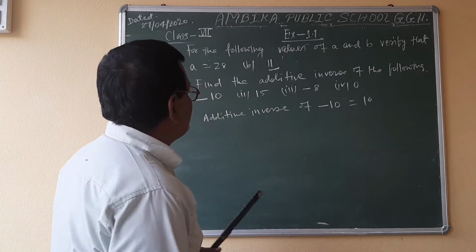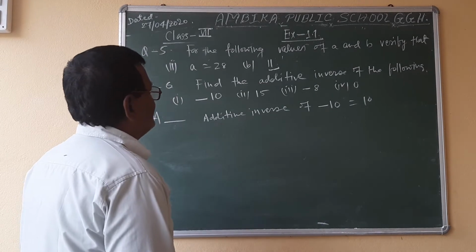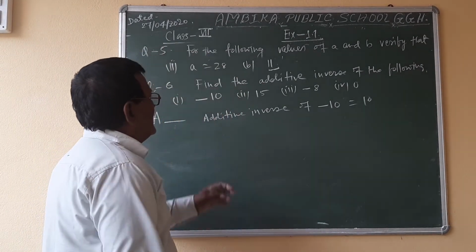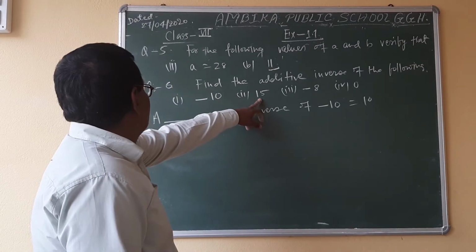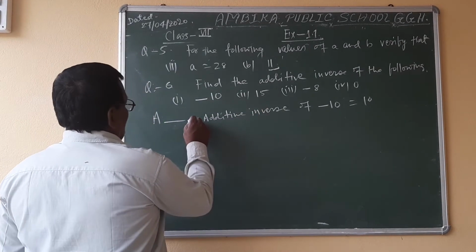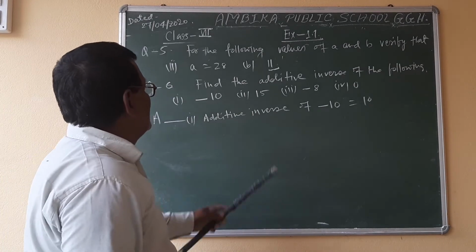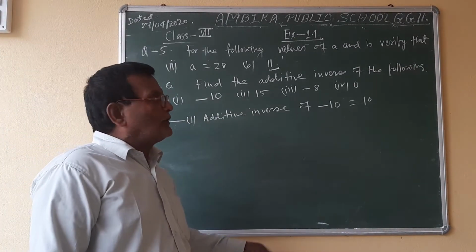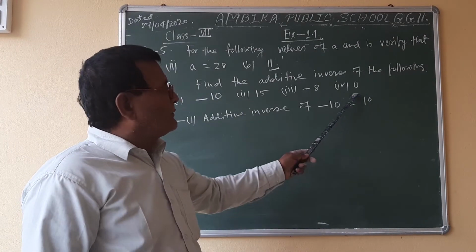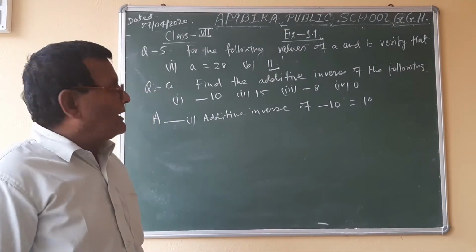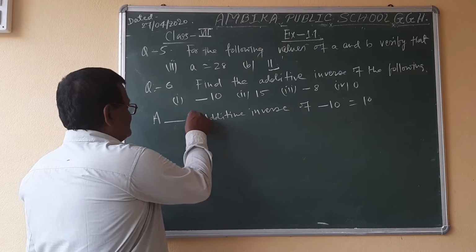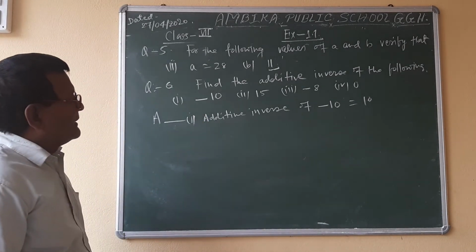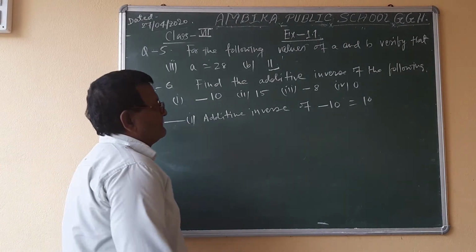Also, the additive inverse of 15 is equal to minus 15. The additive inverse of minus 8 is equal to 8. And the additive inverse of 0 is equal to 0. I hope that you can solve it easily.